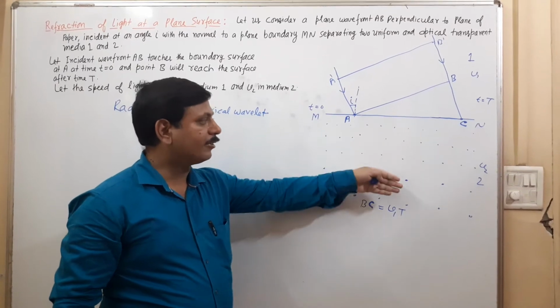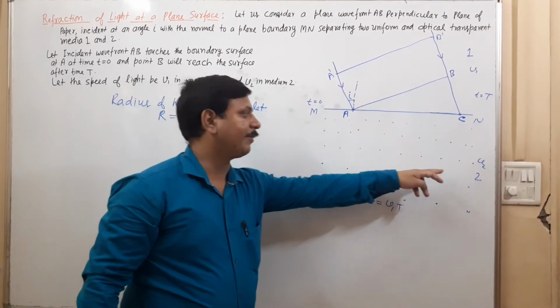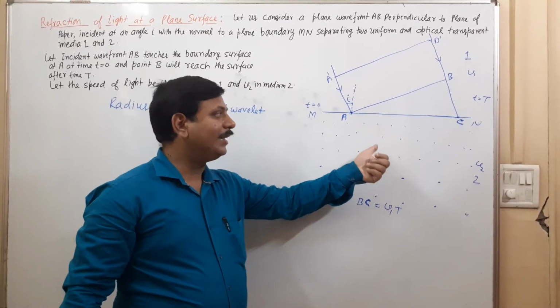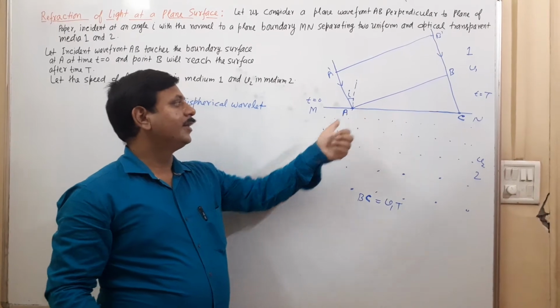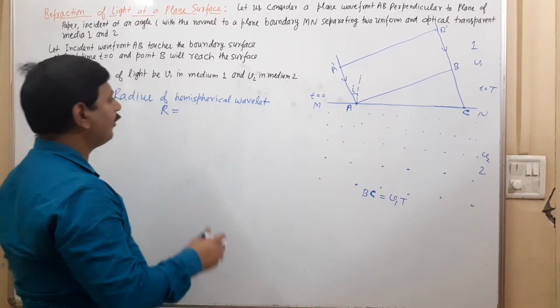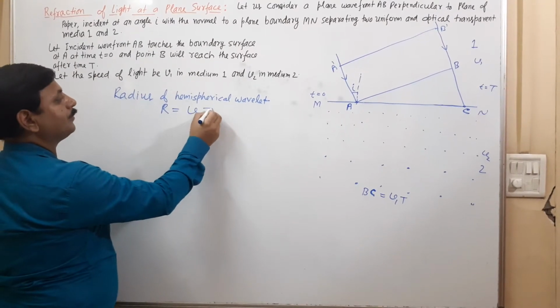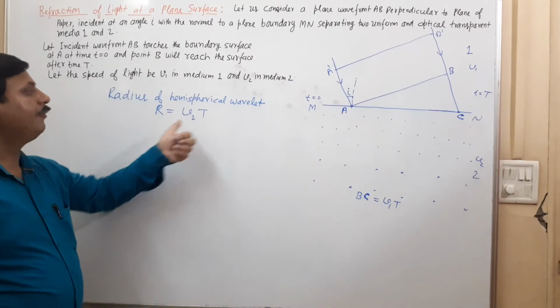Here this is a transparent medium, so light will pass through this medium. The velocity of light here is V2. So in time t, the distance traveled by the light in this medium will be V2t. The radius of the wavelet emitted from A will be V2t.